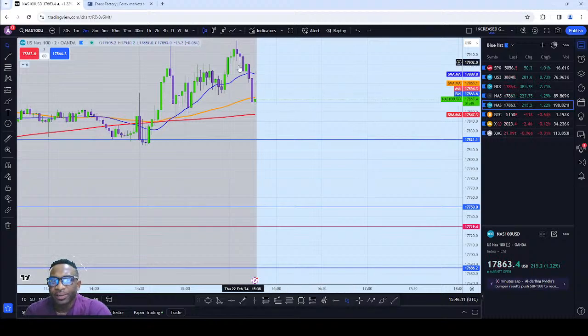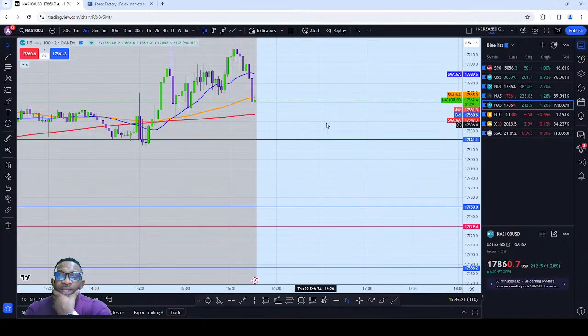But currently price is below the 20 moving average and just above the 200. So it's still in the bull market as price is above the 200. Moving averages are above the 200, so we are still in the bull market.